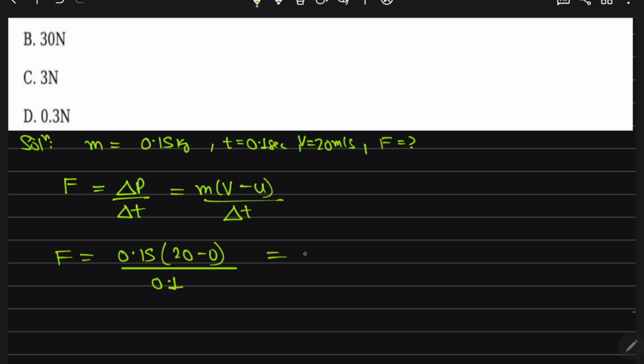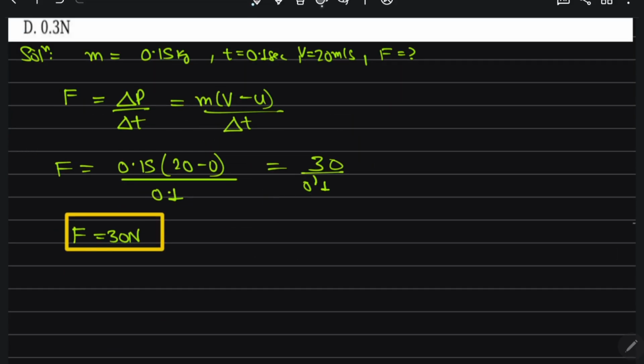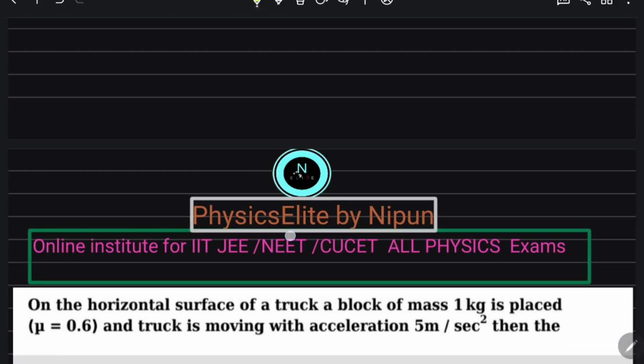So 0.15 into 20 is 3, divided by 0.1, that is 30. So the force is 30 Newton. Option B is correct.